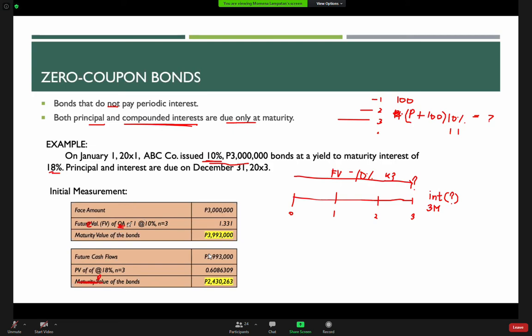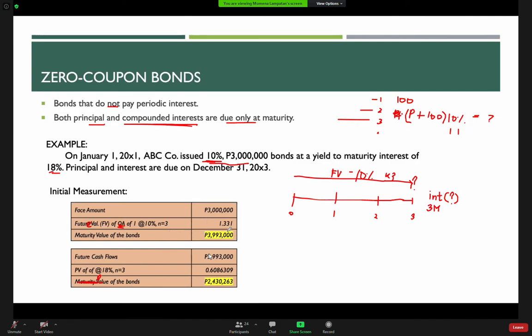Why ordinary annuity? Because the interest accrues every year. Okay? We are just not paying them, but they accrue every year because the 10% is the annual interest rate. So you're using this one to get the total amount to be paid.